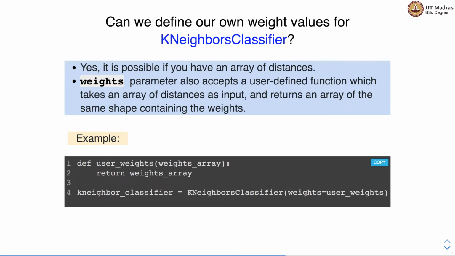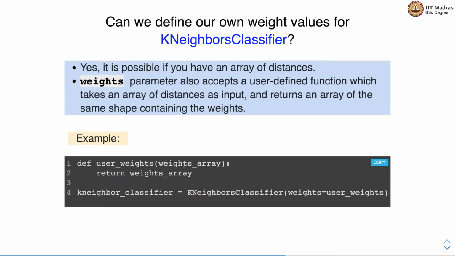In weights we are specifying a user-defined function, user_weights, which we have defined over here. It takes an input which is an array of distances. As an example, we are just returning the array that we receive in the argument. But it is possible that you can perform some computation over here and return an array of the same shape as the argument.